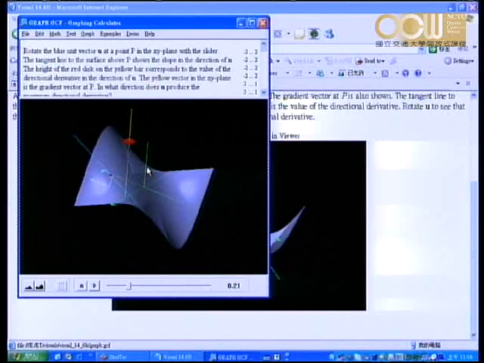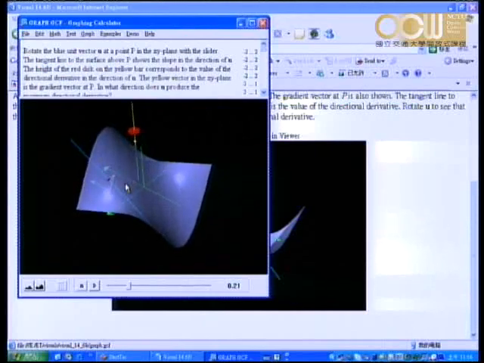This is not a perfect angle, so maybe this one. Now, what you see here is the graph of a function. The shaded area here is the surface of a function of two variables.